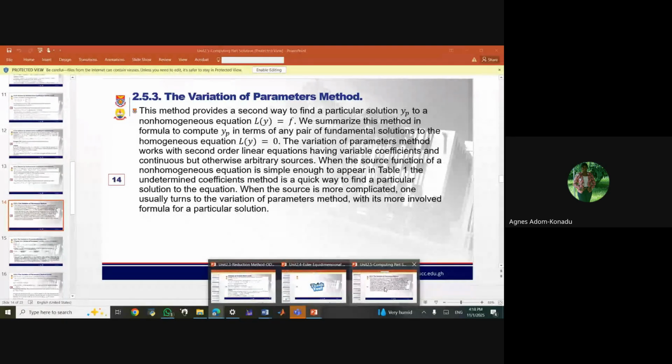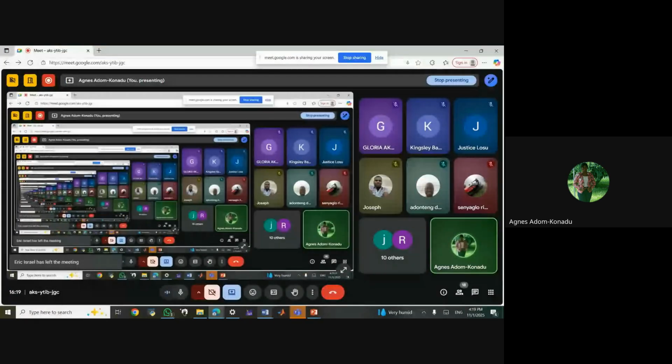But if you cannot get it from there, then maybe you can use the variation of parameters. It says that when the source is more complicated, one usually turns to the variation of parameters method with its more involved formula for a particular solution.